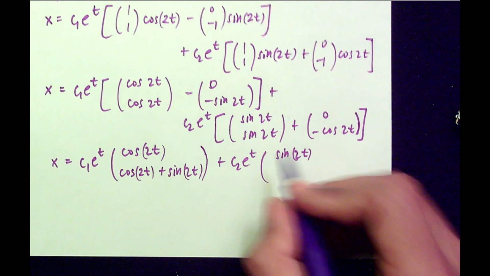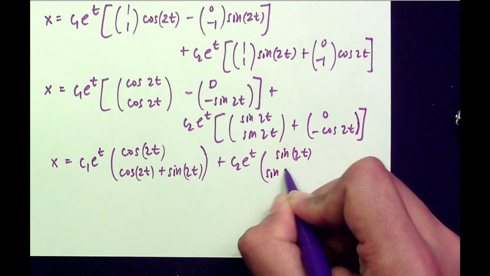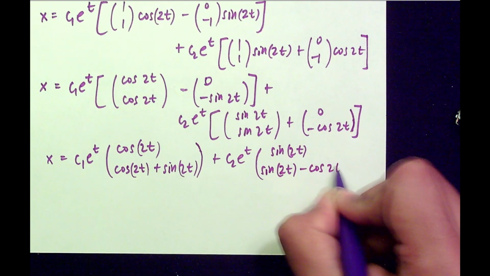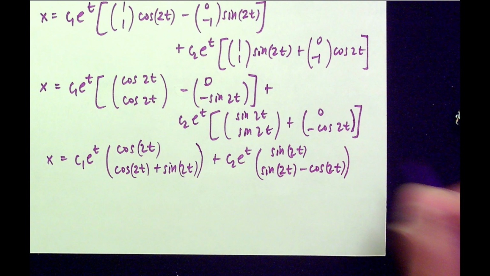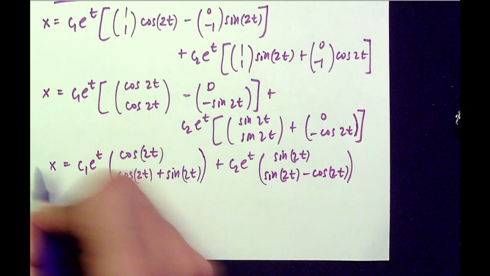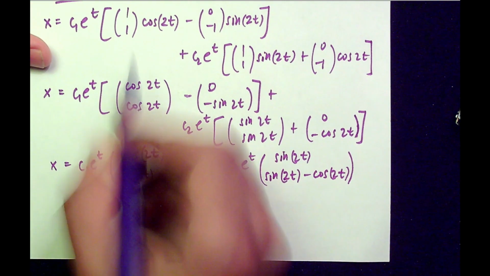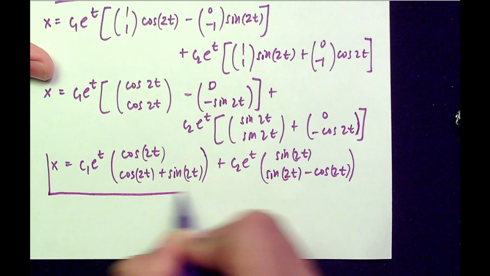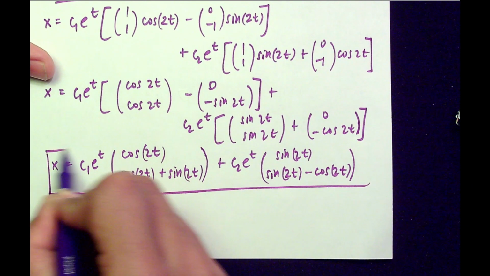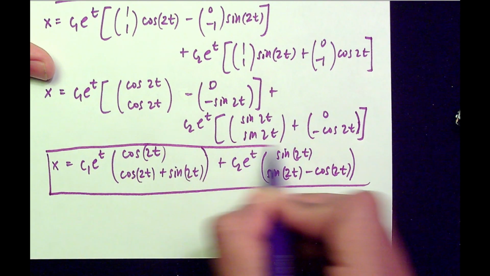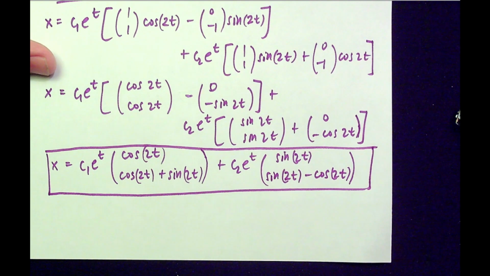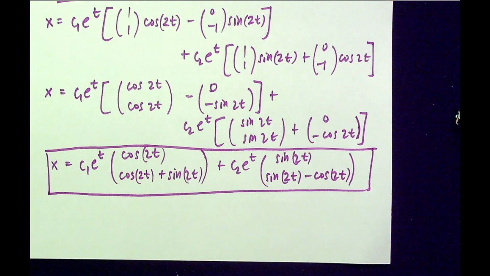And then on the bottom, you get sine of 2t minus cosine of 2t. Okay, that looks shorter than the original one, but either one is just fine. Okay, and that is all.